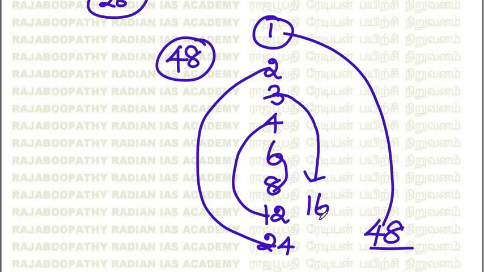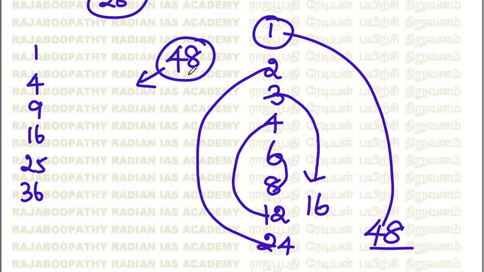For information, I will give an advanced concept. Try to understand. Is 48 a square number? 48 is not a perfect square. What do you mean by perfect square? Square numbers are 1, 4, 9, 16, 25, 36. They are perfect squares. 48 is not a square number.